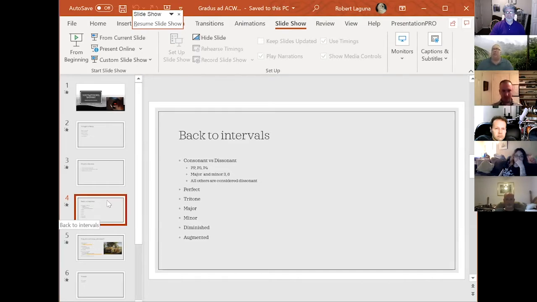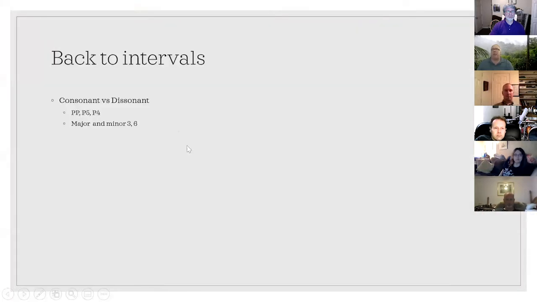In many pieces of music, when you get ready to end a piece, the thing that lets you know that you're coming home is that fifth interval. It's like, oh, I'm almost there. I'm almost there.